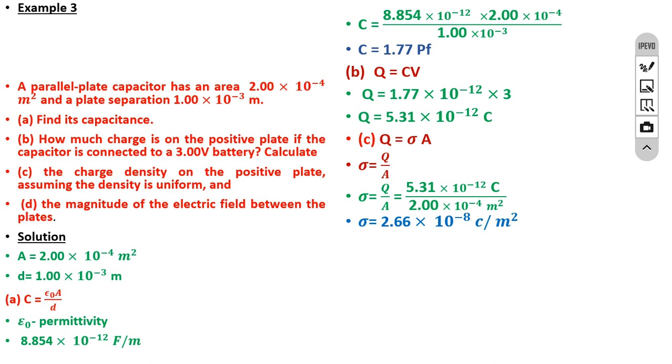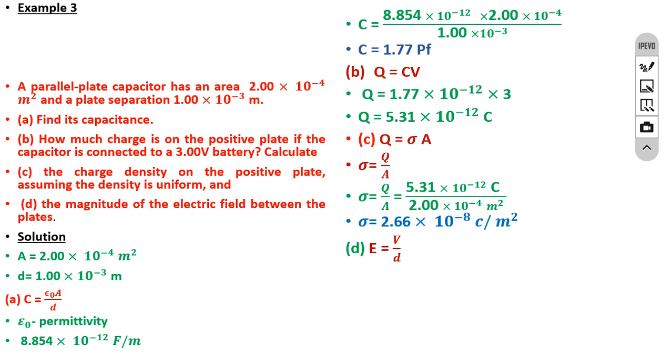Then the last one said the magnitude of electric field between the plates. We listed some expressions for electric field. You now have to check the one that is given in the equation, what quantities we have and which of these expressions would be suitable. So we have V and then we have the distance of separation. So this one is complete.